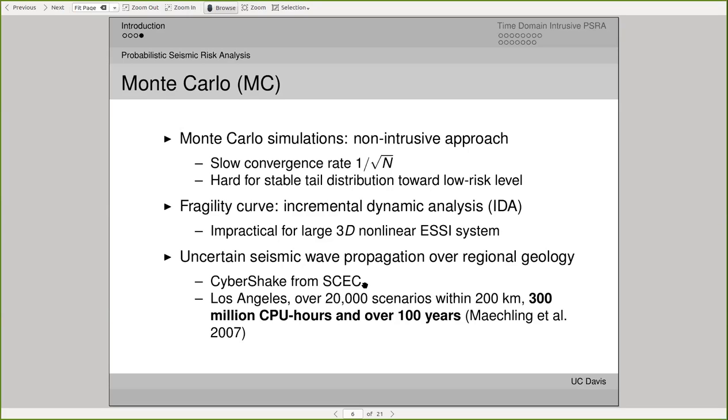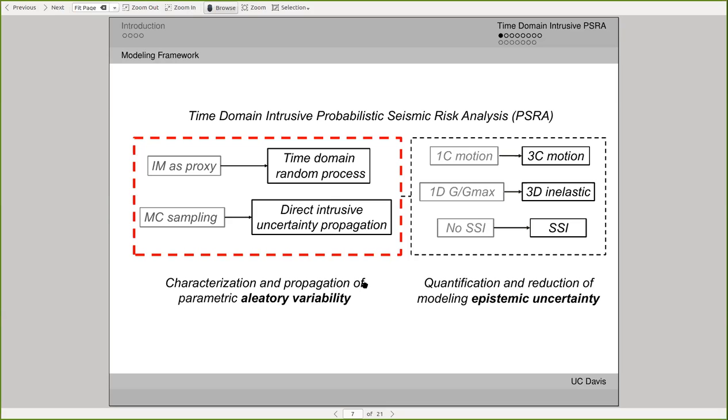Yeah, we do not have 100 years to wait for that. So yes, go ahead. Yeah, that's true. Yeah, so as the professor mentioned, because of these current issues, we have proposed a novel framework, which tries to improve the current framework. For example, instead of using a single intensity measure as a simplified proxy of ground motion, we try to consider all these uncertain motions in time domain and characterize and propagate them as a random process.